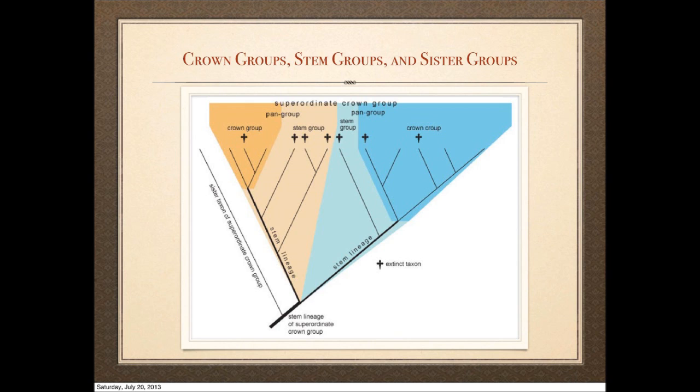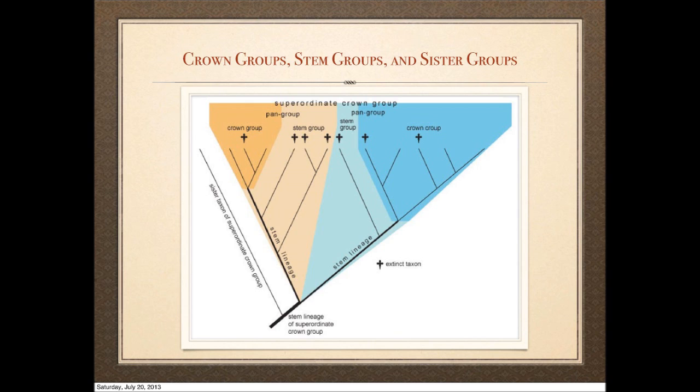And so all those living organisms that are placed within that category and their common ancestor and all the descendants of the common ancestor of those living organisms are all placed within the crown group. And all those organisms share all the fundamental characteristics that define that group.